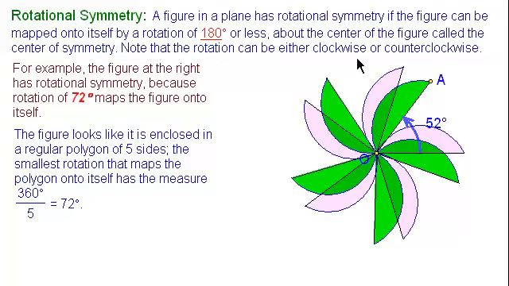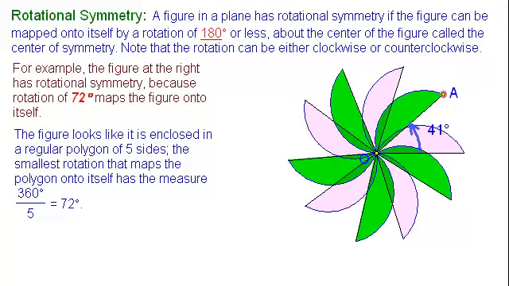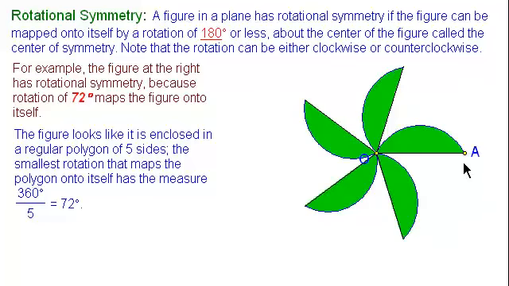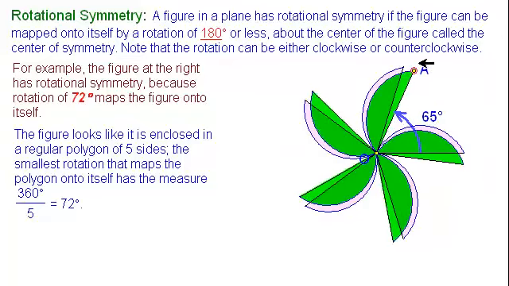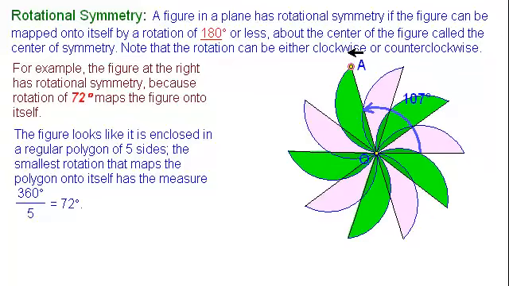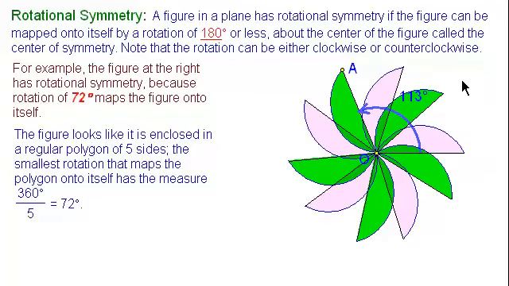As I said here, the rotational symmetry can be in either the clockwise or counterclockwise direction. When I'm moving in this direction, I'm moving counterclockwise, so angles are positive. But if I ask for the clockwise rotation, we have to find the other angular rotation, and we can find it.